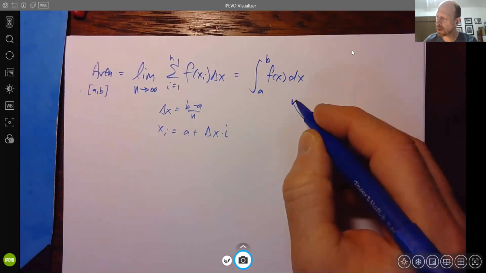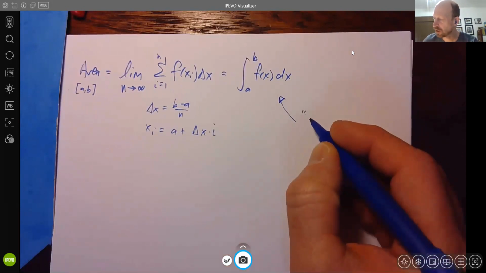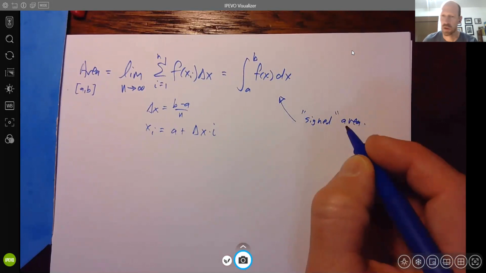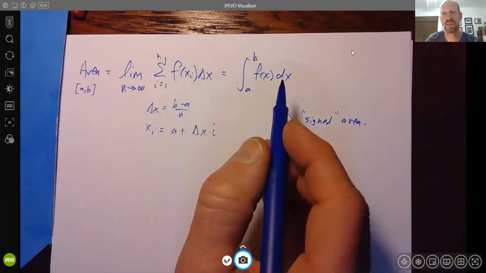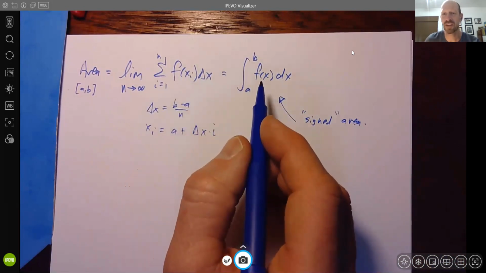One other note about this is that this is really equal to what we sometimes call the signed area. So I have area as defined by this definition, and I have the definite integral equal to this. But the definite integral is actually allowed to be positive or negative.